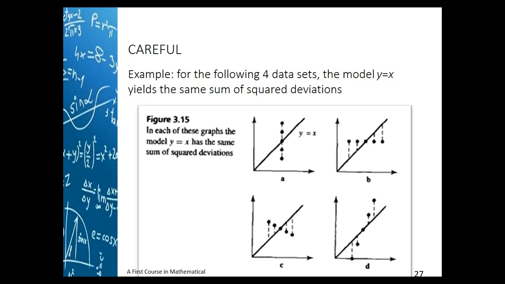Surprisingly enough, you can notice that the same line will give you the same sum of squared deviation. Meaning that, let's say you have data in A and data in D. These two data are completely different, isn't it?